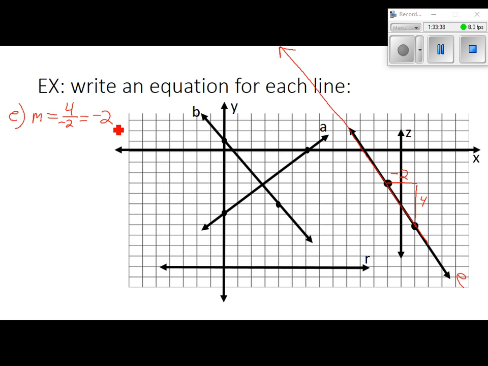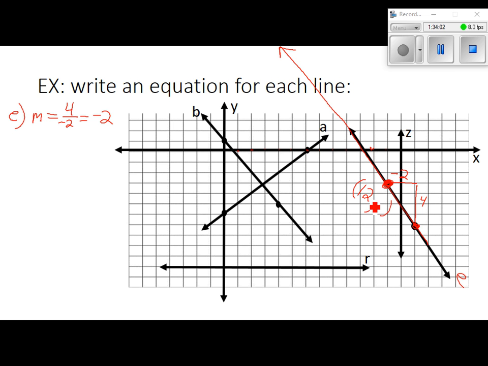Now we could find the y-intercept, or we could just use one of these points and write the equation in point-slope form. And that's what I'm going to do. So if I just find this point right here. 1, 2, 3, 4, 5, 6, 7, 8, 9, 10, 11, 12.